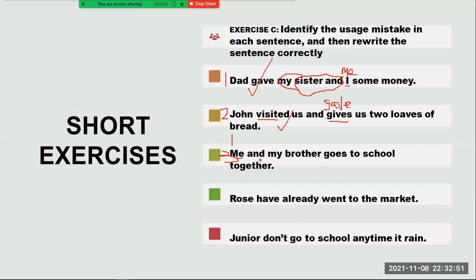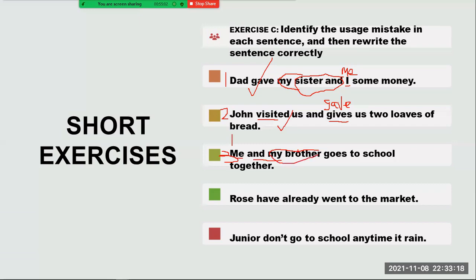The second one is that where you have the first person pronoun together with any other pronoun or noun in a sentence, then the first person pronoun comes after that one.